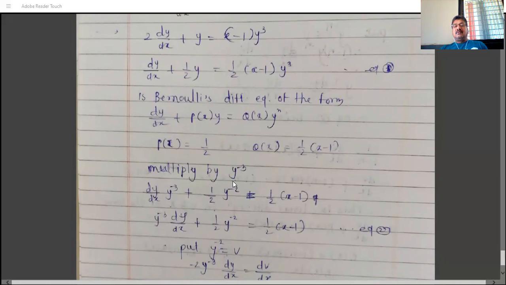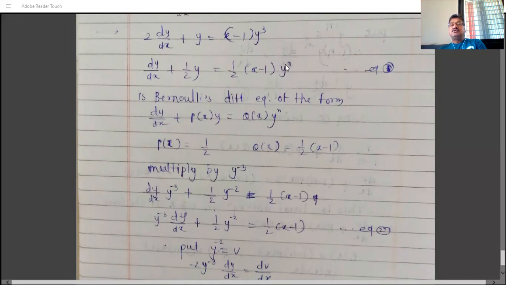Here we have y raised to 3, so we multiply by y raised to minus 3, or equivalently divide by y raised to 3. If the factor were y raised to 2, then we would divide by y raised to 2, that is, multiply by y raised to minus 2.